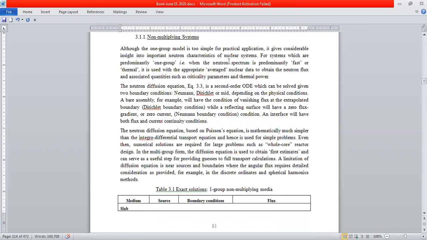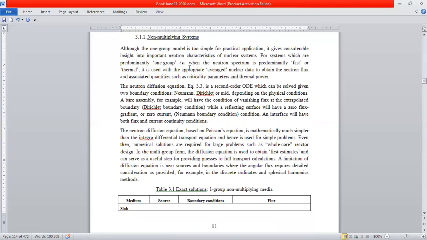Why? Because it gives considerable insight into very important neutron characteristics of nuclear systems. For example, an explosives detection system does not have any multiplication. It's got a fixed source and you're just looking for an explosive, you're trying to identify materials.